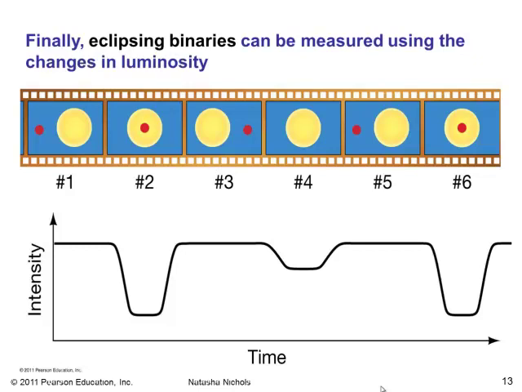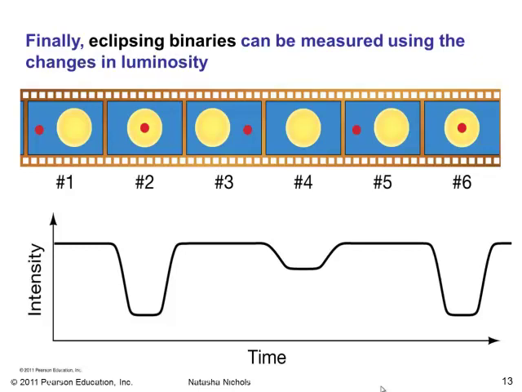So if you take a look at frames 1, 3, and 5, in that case, we receive starlight intensity from both stars. So in the corresponding intensity versus time graph on the bottom, we have maximum intensity.